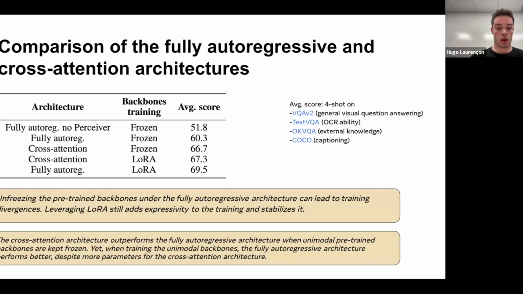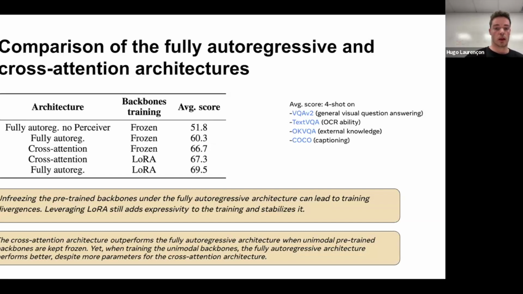Before explaining a bit the difference between the two, I just want to mention that we tried to unfreeze completely the language model and the vision encoder. However, we couldn't get a training that was stable enough. We tried many different things like reducing a lot the learning rate or doing it in many different stages, but we just couldn't make it work.